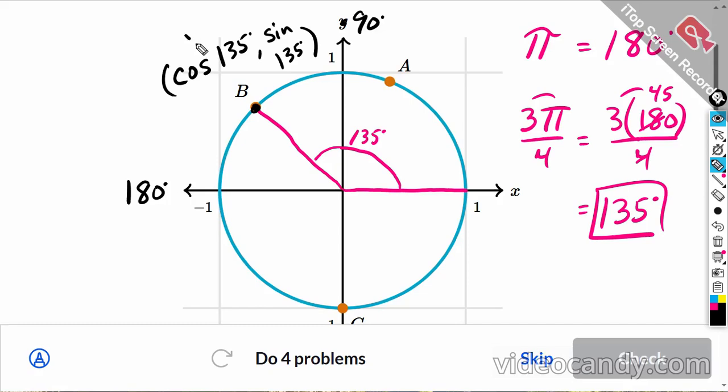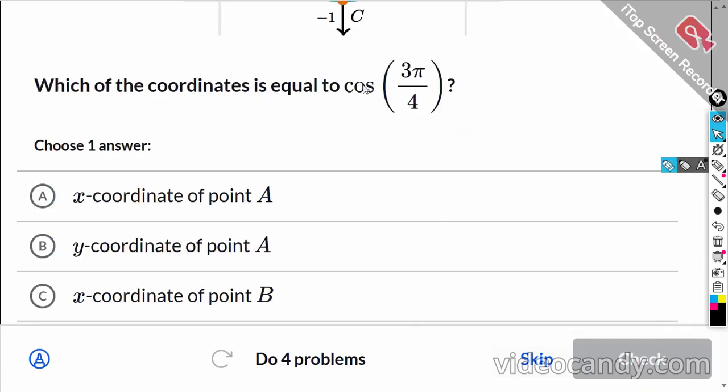All right, so x is the cosine of 135, and the y-coordinate is the sine of 135. And we're looking at point B. All right, so the cosine is the x-coordinate, and it's point B. So that's it.